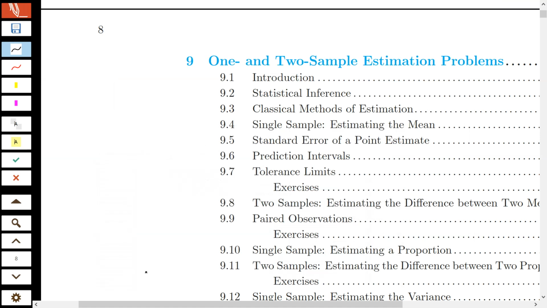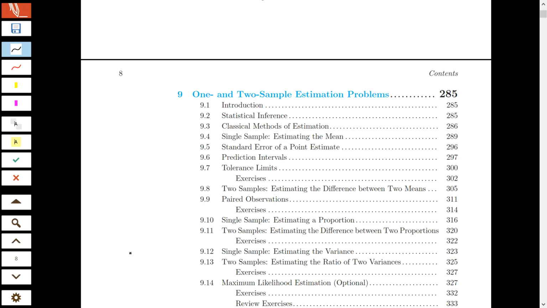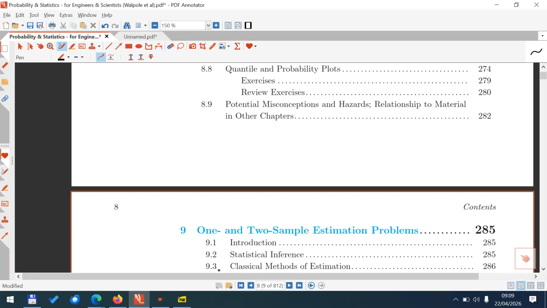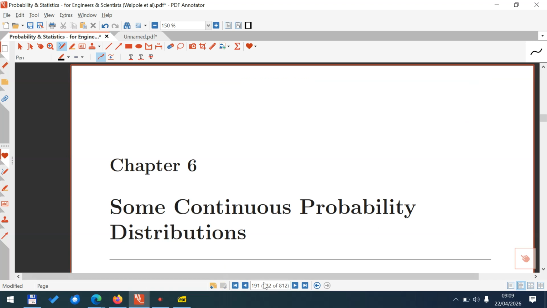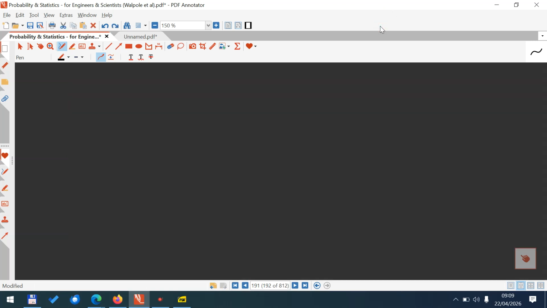Is it something with your mouse, maybe? No, no, actually, I'm not used to this. That's the whole thing. I don't use it on a daily basis, so I will use it only for teaching. 191, right? Okay.